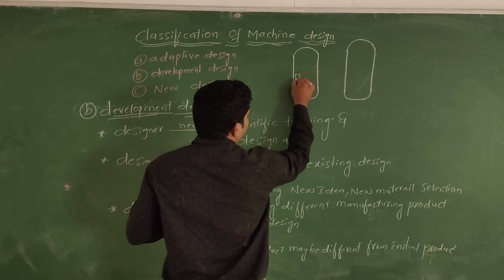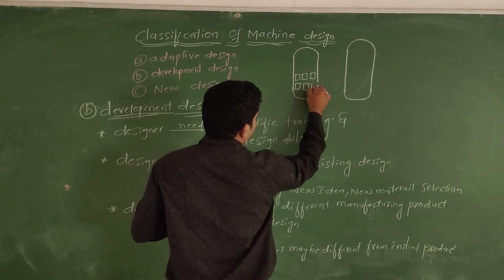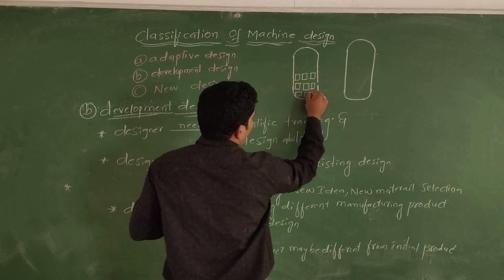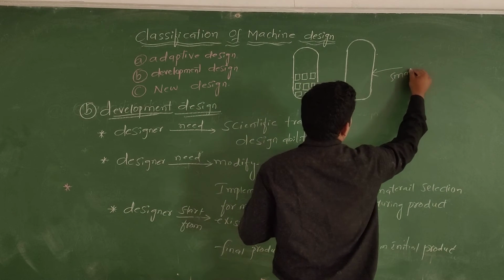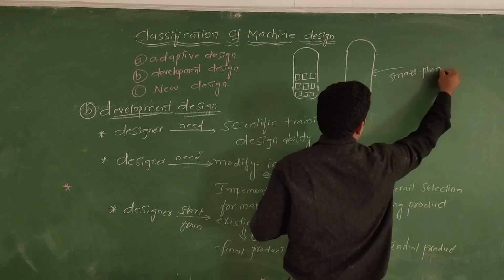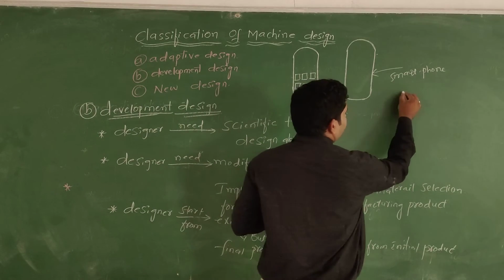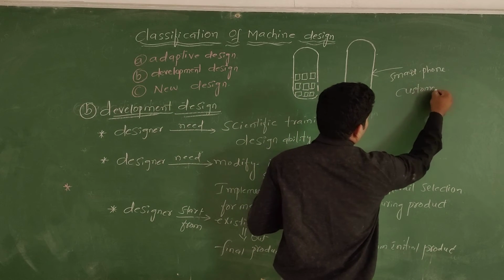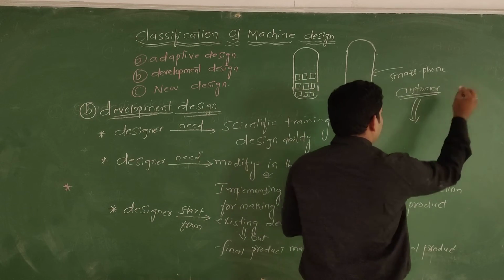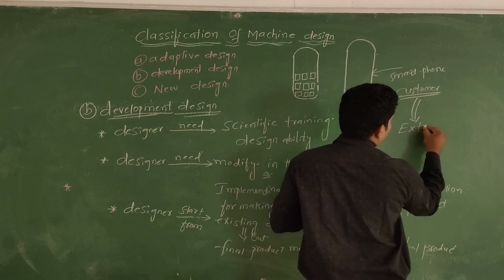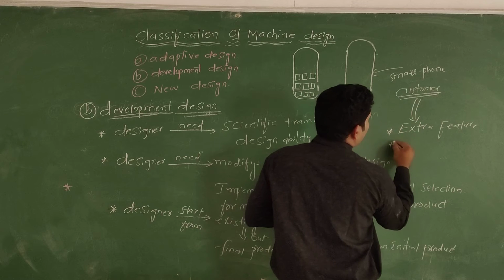One is a button mobile phone and another one is a smartphone. The main intention of the customer is they want extra features and low cost of the product.